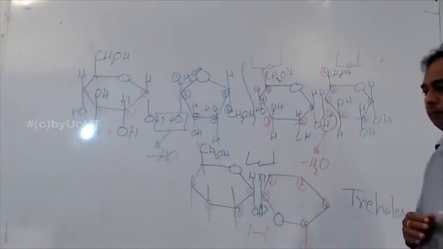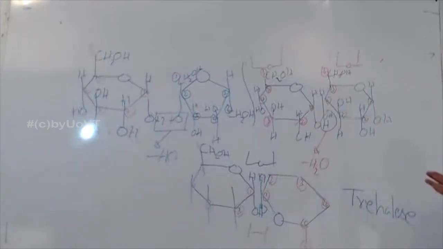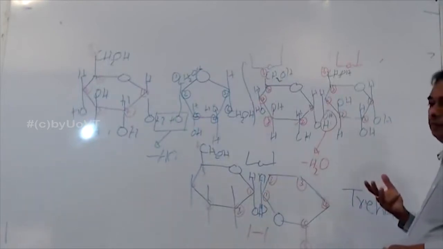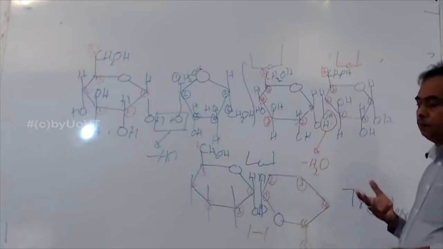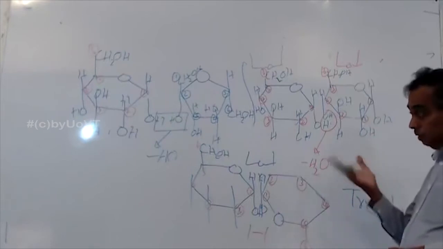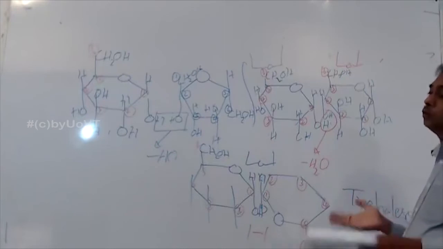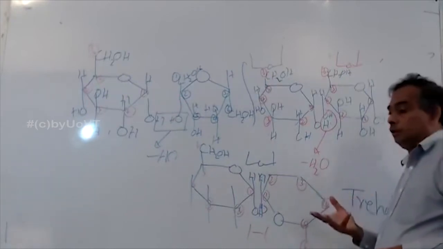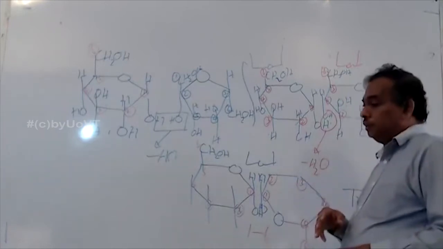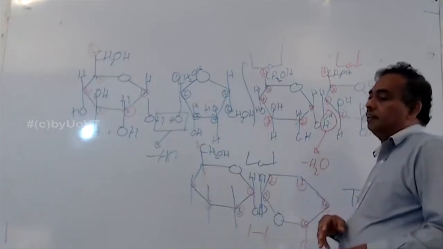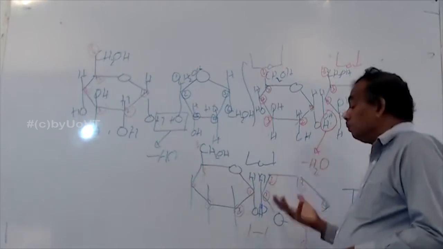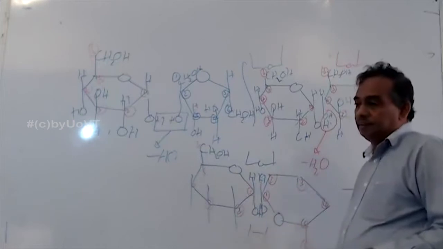Now you can observe, sometimes if anyone asks a question about the monomers available in sucrose, you can say glucose and fructose. Then he may ask about the monomers available in maltose, and you can say glucose and glucose. Then again he may ask about the monomers available in trehalose, and it is glucose and glucose again.